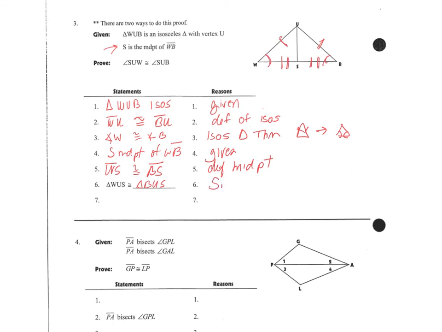And so that's going to be side, angle, side. And now our last step is to say that angle SUW is congruent to angle SUB, and that's by corresponding parts of congruent triangles are congruent.